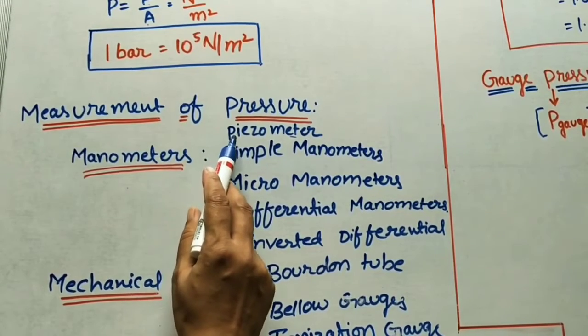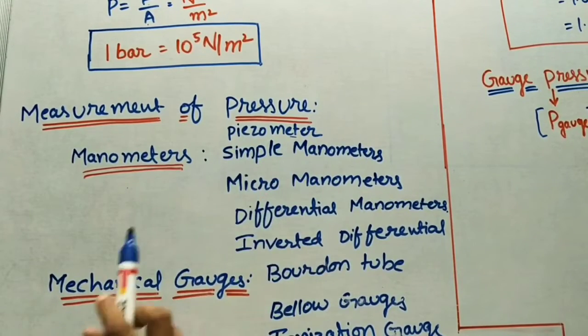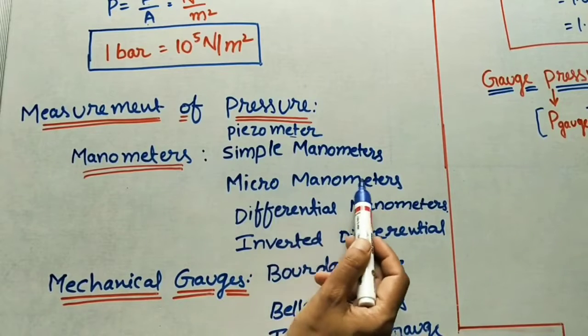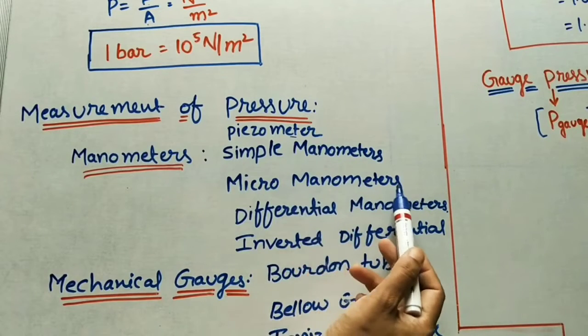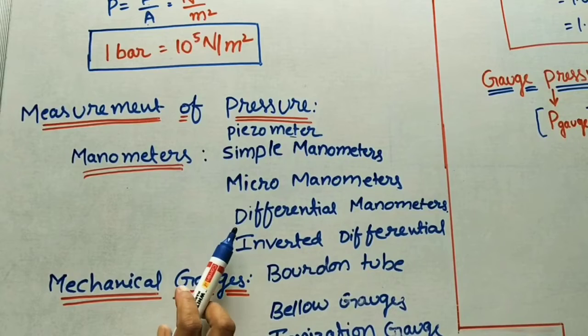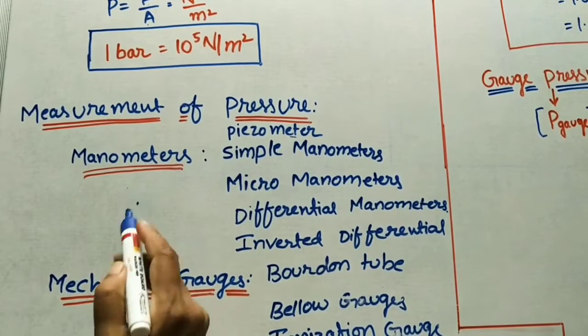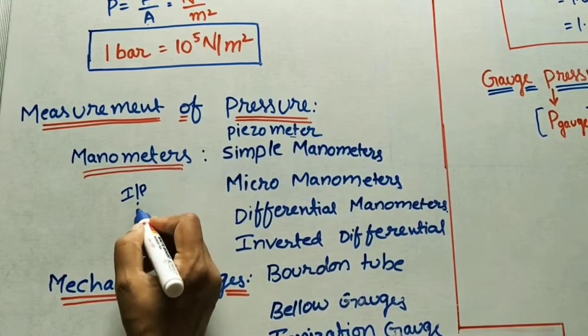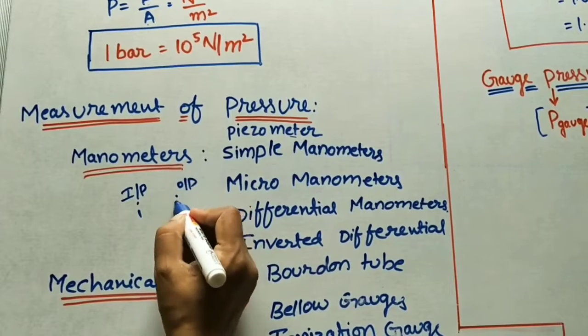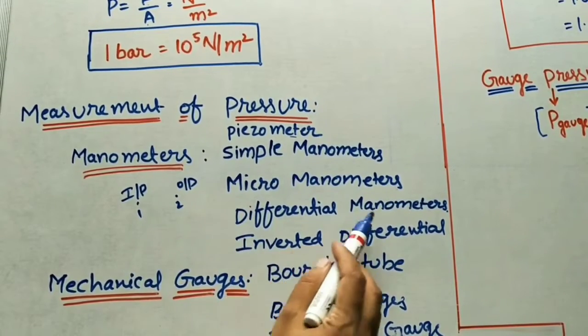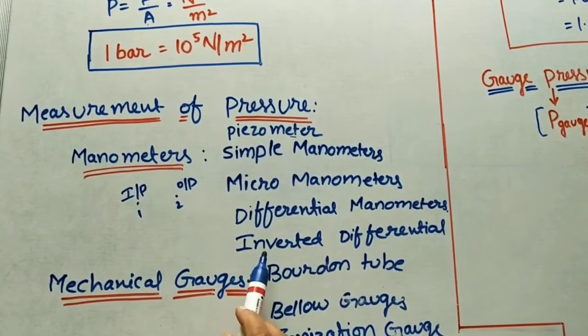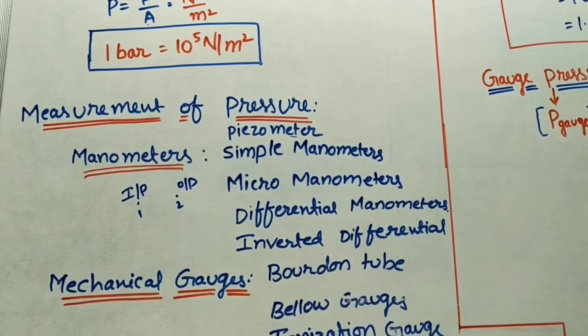For finding pressure at one point, we are using piezometers and simple manometers, and micro manometers also, vertical type and inclined type. If you want to find the pressure difference between 2 points, like any 2 points, input and output, we are using differential manometers, and sometimes for getting a correct value, inverted differential manometers.